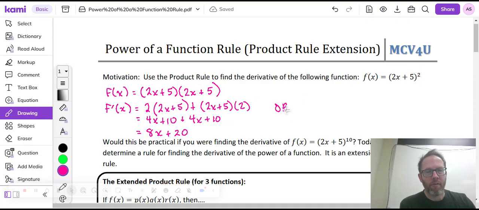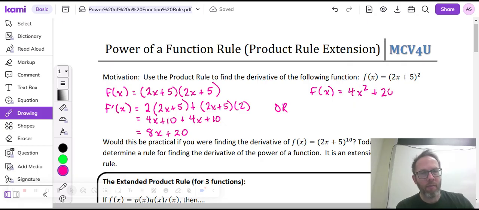Let's do this another way since we have the space and the time. If this was you several days ago, then you would have taken this farther and expanded everything out all the way. So the original function, if you multiply 2x plus 5 times itself, you get 4x squared. You get 10x plus 10x, that's 20x.